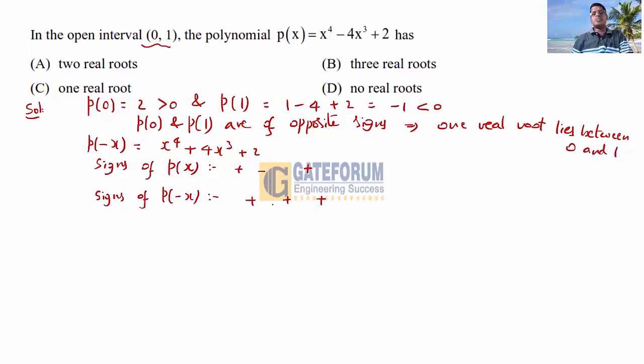Here no change, that means it has no negative real roots. Here there are two changes, so it has at most two positive roots. That is called Descartes rule of signs. So this is one change, plus to minus, and this is another change, minus to plus.